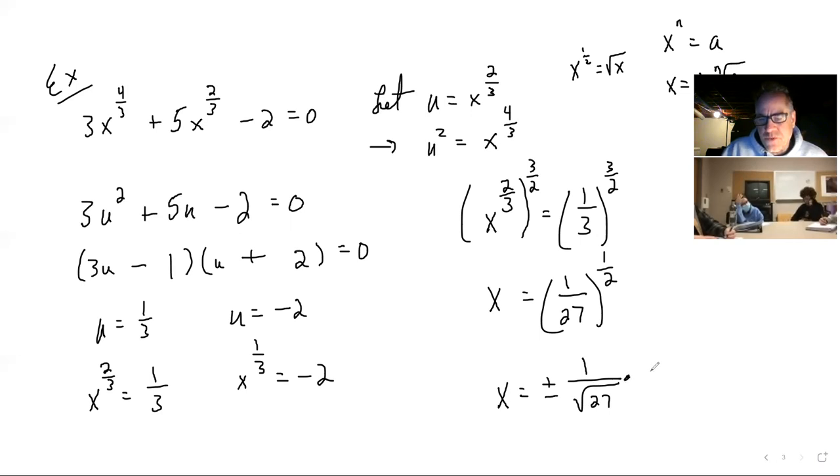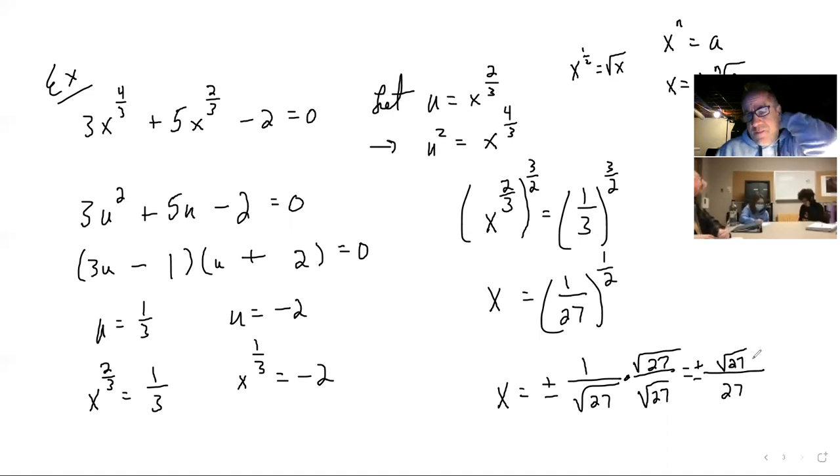The first thing I'm going to do is rationalize both sides to simplify this, which means multiplying top and bottom by the square root of 27. That gets rid of the radical in the bottom, still plus or minus. So we just have 27. Now in the top, the square root of 27 times 1 is the square root of 27. But 27 is 9 times 3, and the square root of 9 is 3.